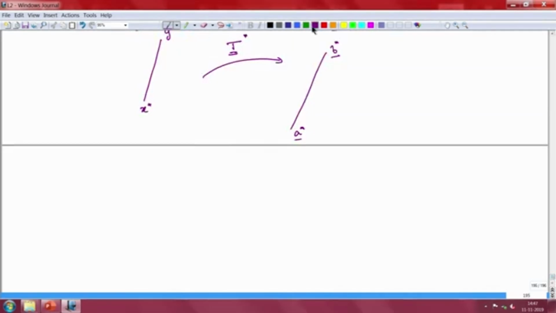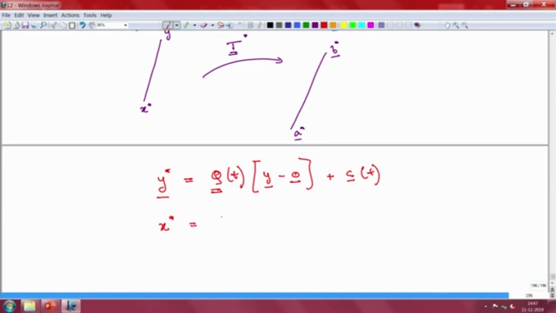So, let us write down the relationships that we had written before also. Let us say y star now is equal to q times of y, and then x star in this case is again the same.